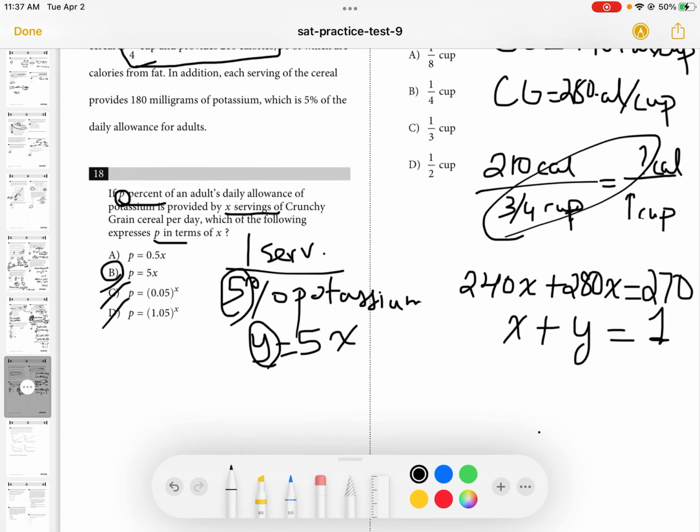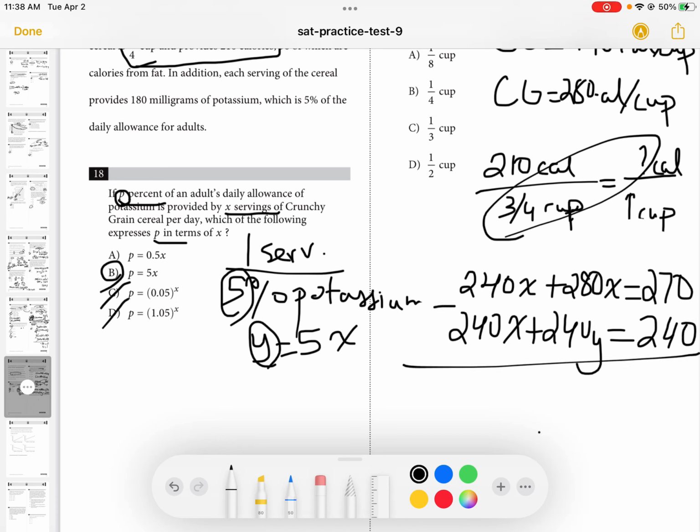So now we can just multiply the second equation by either 240 or 280. I'm going to multiply by 240 because it's the smaller number and we won't be dealing with negatives. So that'll mean 240x plus 240y equals 240 once we multiply that equation by 240.